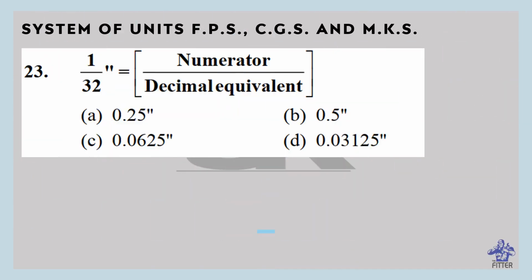1 by 32 inch equals 0.03125 inch, right? Or we can calculate by 25.4 mm divided by 32.